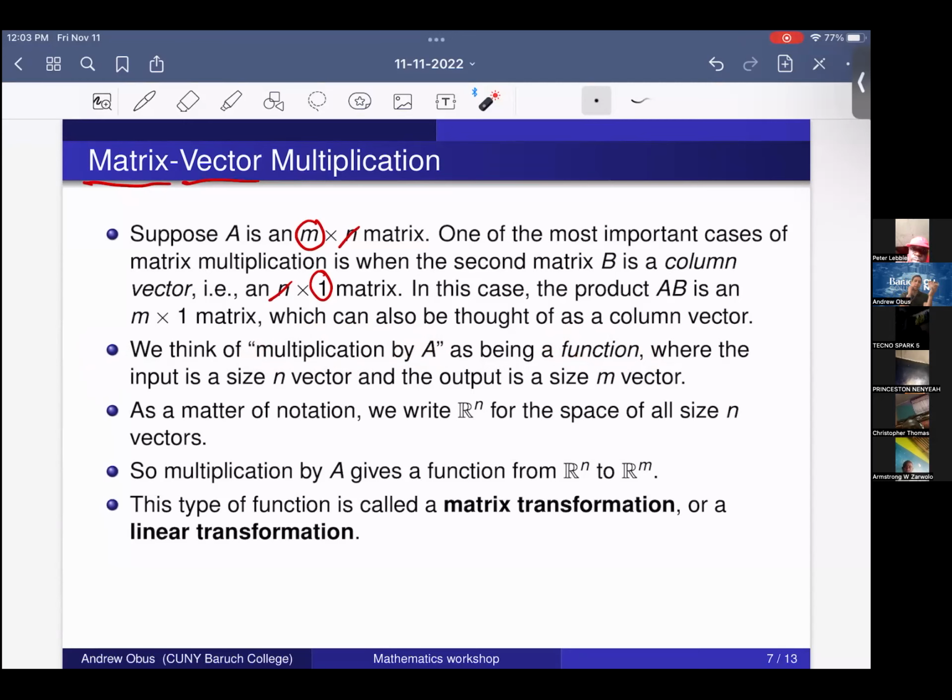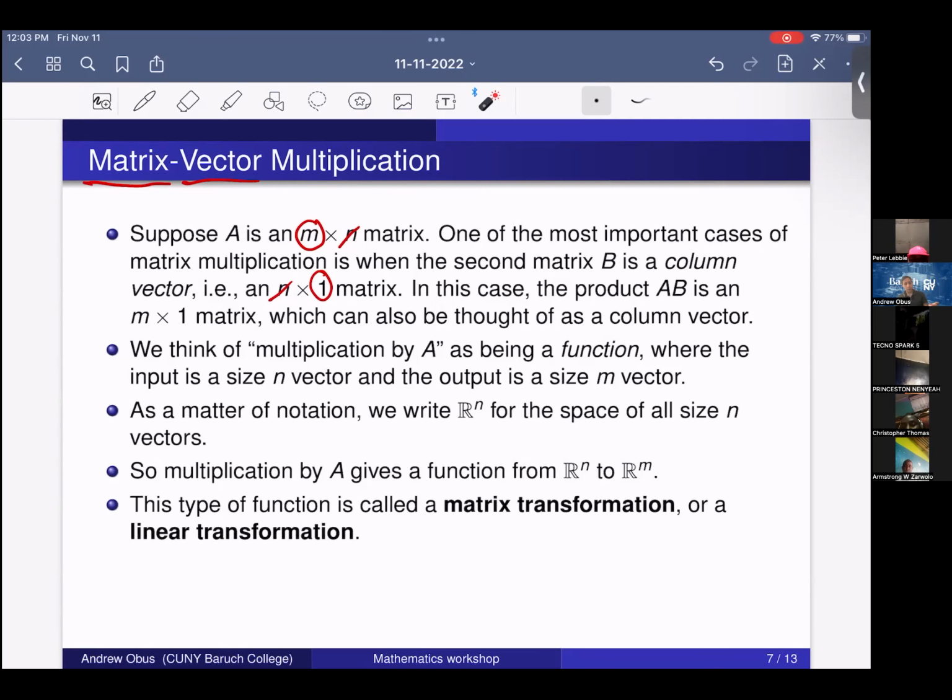What's a function? A function is just anything that takes an input and gives you an output. You usually think of functions where the input is a real number and the output is a real number, and that means it's a graph that you can draw and it passes the vertical line test. But more generally in math, a function is any sort of procedure that takes an input and gives you a unique output.